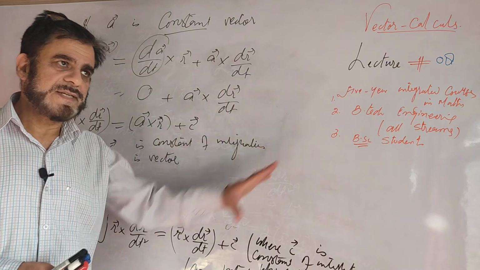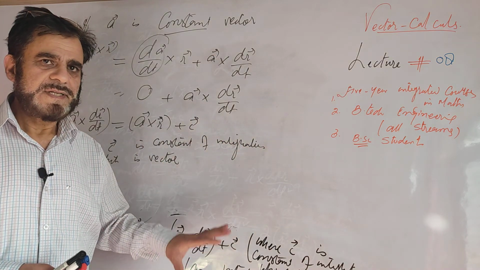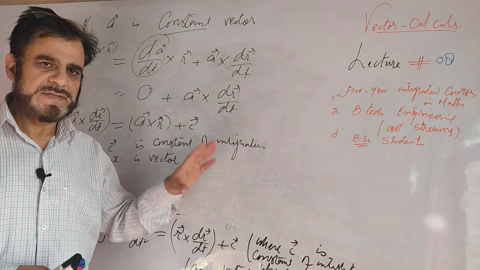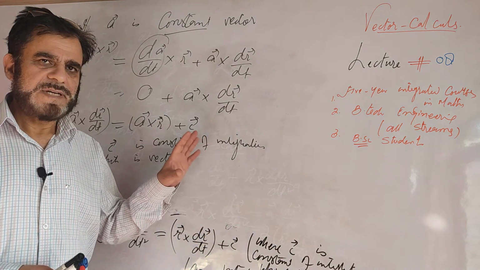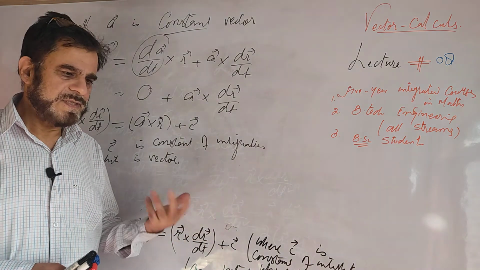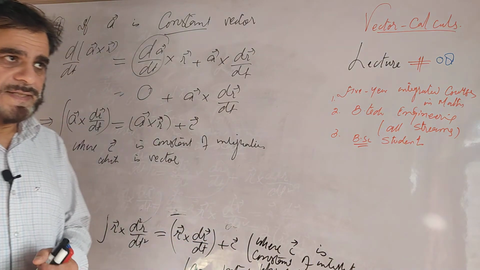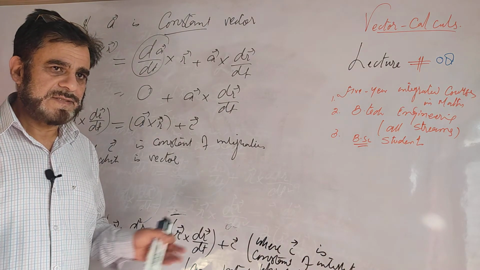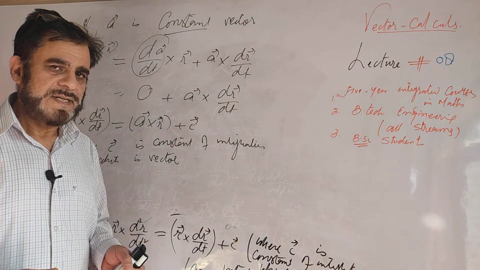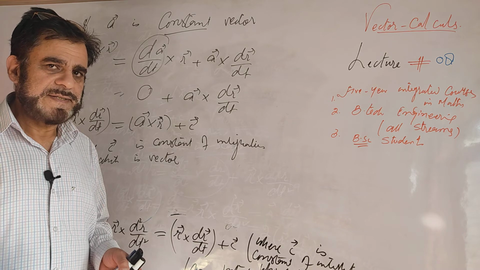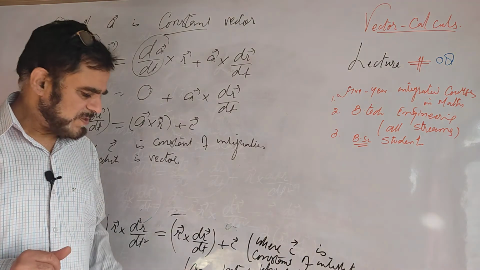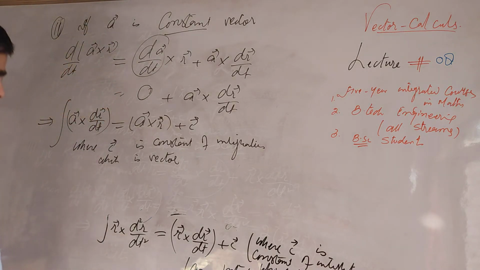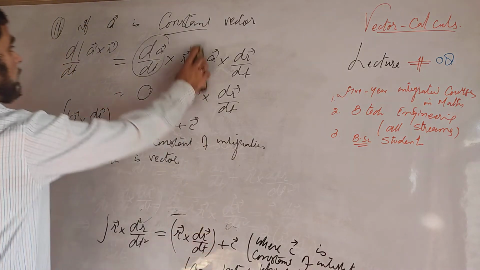The constant of integration will sometimes be a vector, and sometimes a scalar. It depends upon what shape the integrand takes. Sometimes the integrand takes the shape vector, vector cross vector, vector. Sometimes the integrand is a scalar. Then the constant of integration is also a scalar. Let me have some applications before we go ahead.